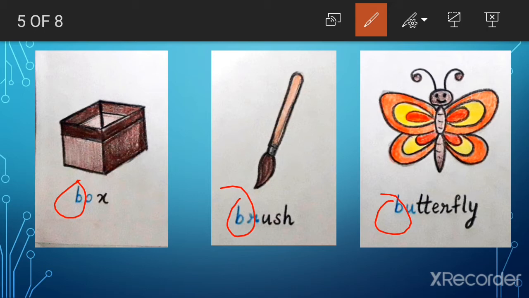Second letter of box is O. Second letter of brush is R. Second letter of butterfly is U. Now in ABCD, O comes before R, so box comes before brush, and R comes before U, so brush comes before butterfly.